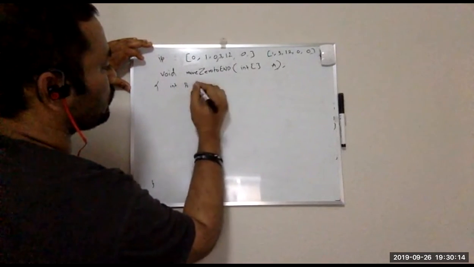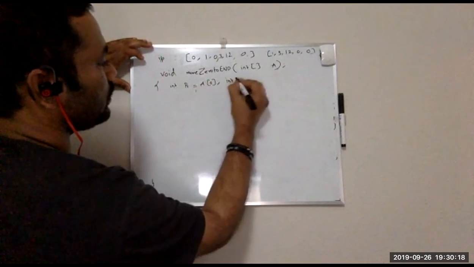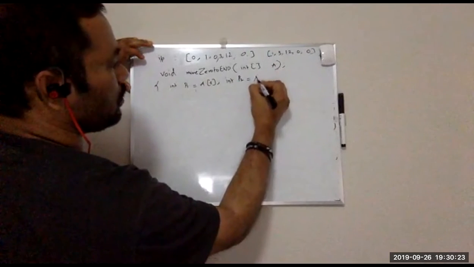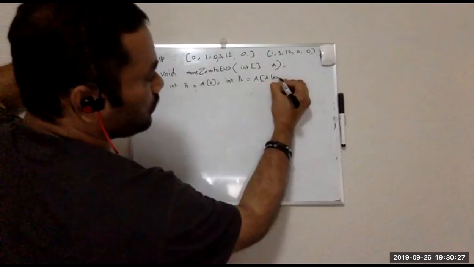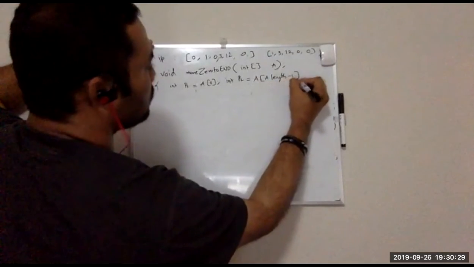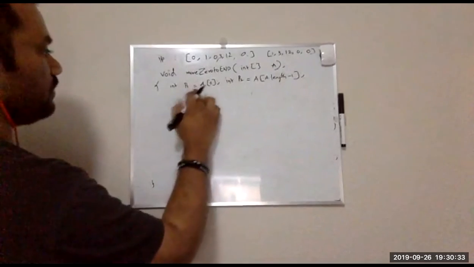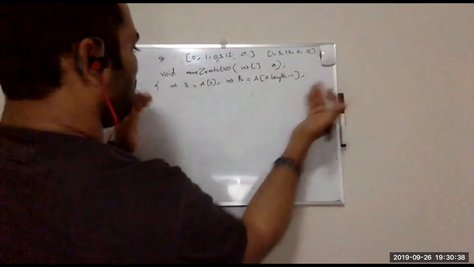P1 is equal to a of 0 and P2 is equal to a dot length minus 1. So we'll have both pointers at the start and the end of the array.